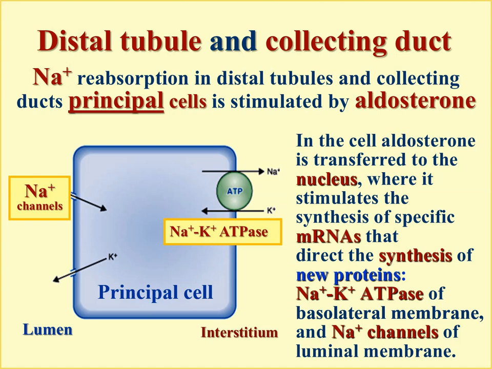So it becomes reabsorbed and remains in the body. It's lost from the lumen and goes into the blood. This is the action on the principal cells: reabsorption of sodium, while potassium is lost outside into the lumen.